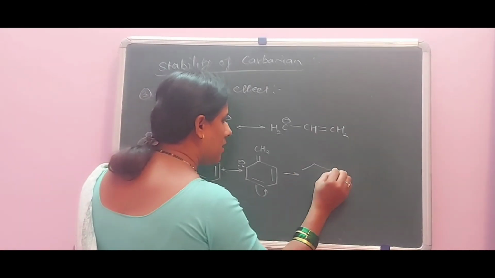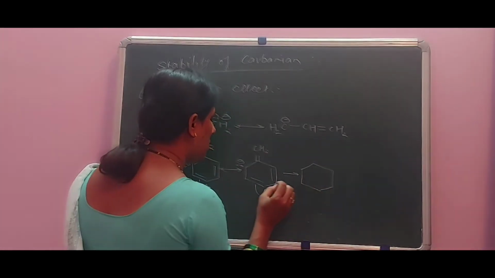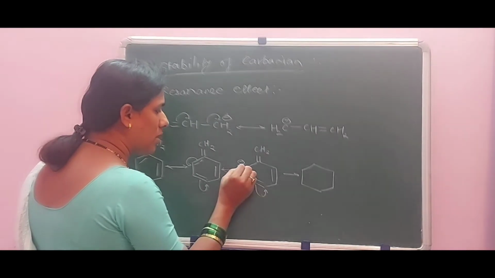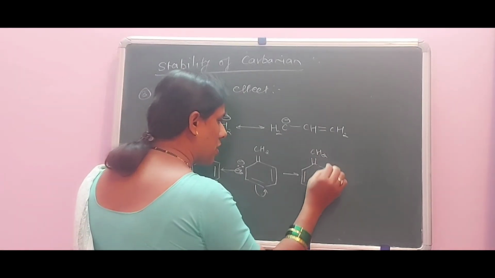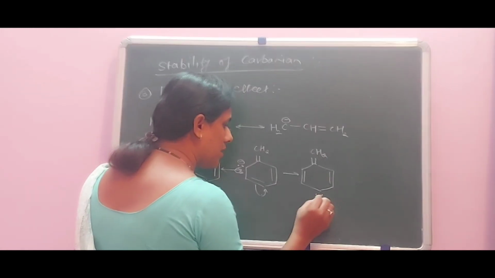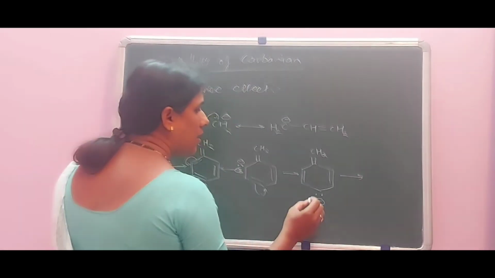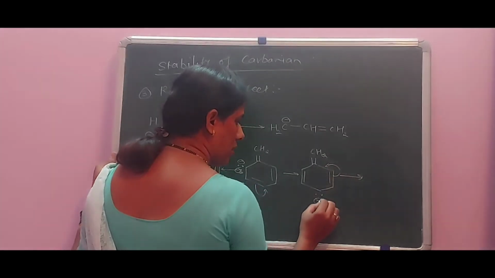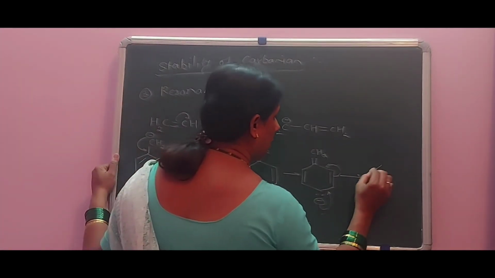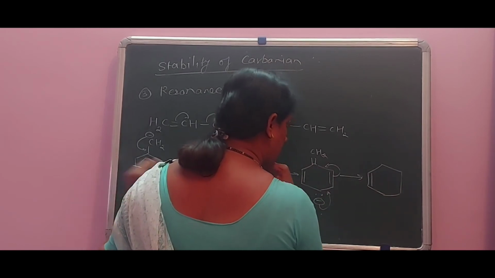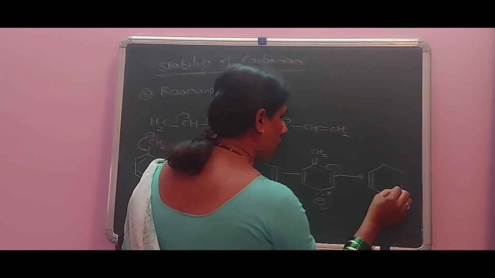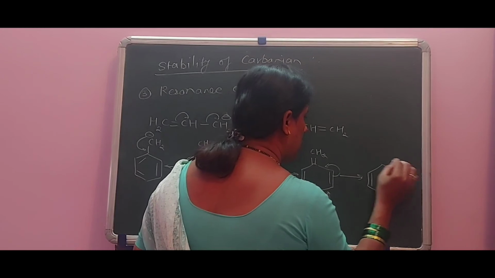Now what happens here? When these electrons go on here, there is formation of this structure. On this there is a negative charge. Again at this step, this goes on here, and there is formation of the structure like this, and electrons go on here.